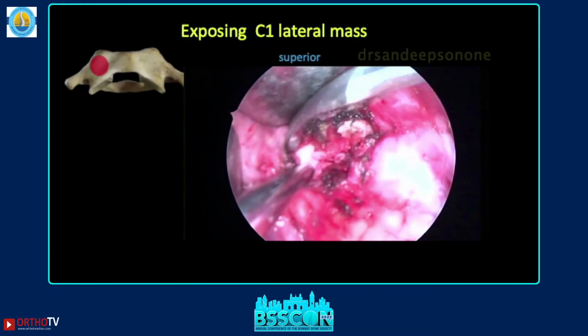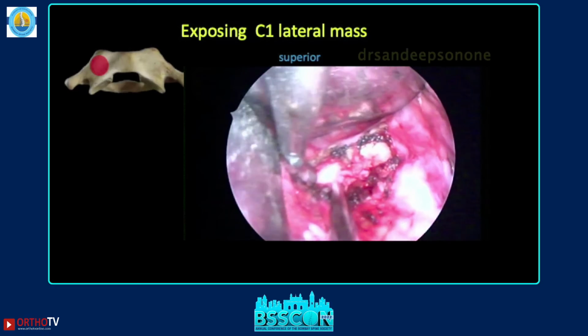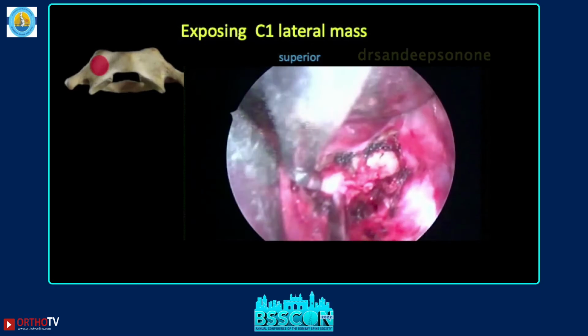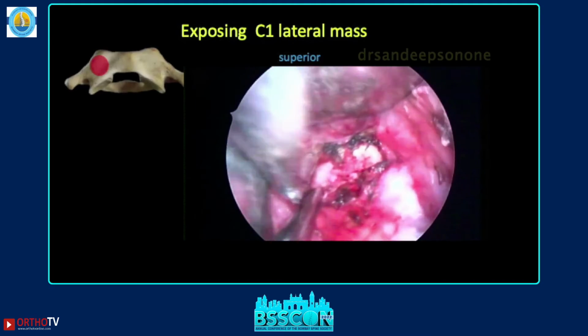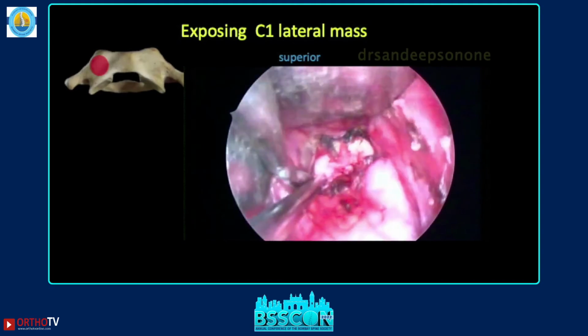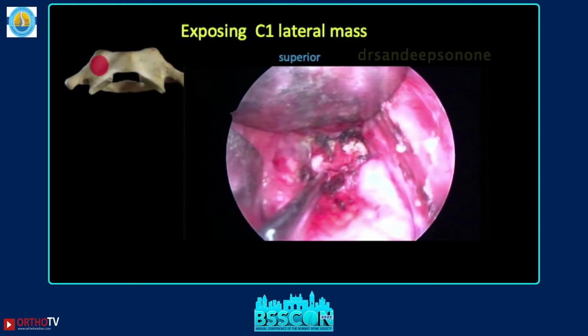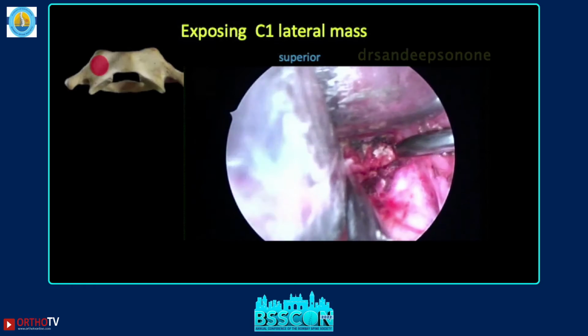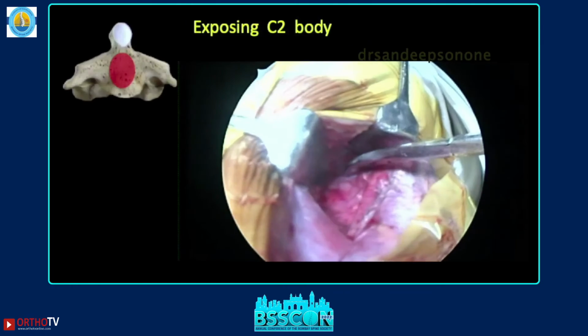The next step is exposure of the lateral masses of C1. So following the C1 anterior arch, moving proximally around 5 to 8 millimeters and laterally around 1.5 to 2 centimeters, we expose the C1 lateral mass. Again, taking care not to go lateral to it.